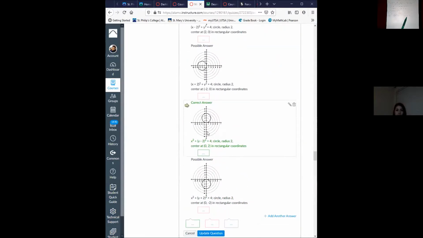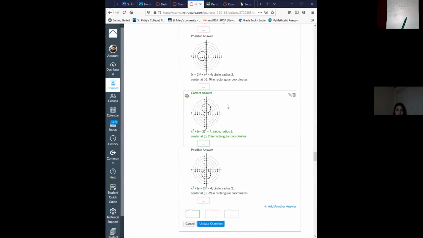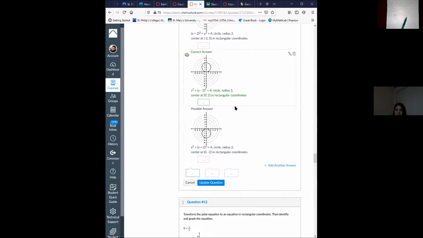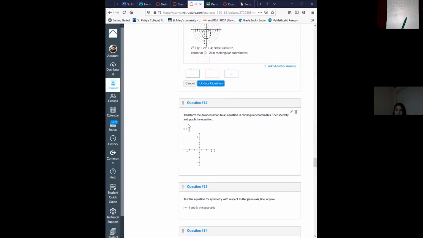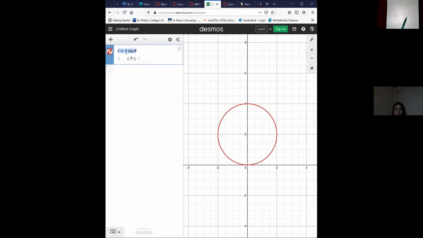So you just choose this one. So long as you can graph it, it's not a huge deal. You can also use your TI-84. It will do the same thing. You just need to switch to polar. Same thing with this one. 12. Yeah, so this is going to be theta equals pi over 3. Let's look at it.